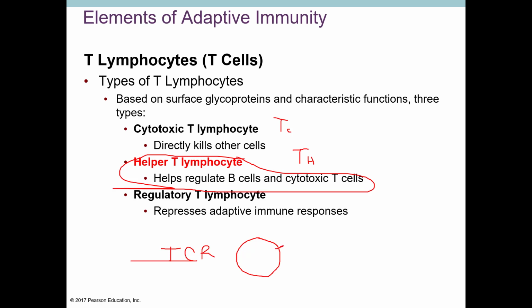So T cell receptor is a transmembrane protein that can bind to, or we say recognize, an epitope. So this would be the T cell. Let's say this is the helper T. And it has this little receptor, but there's different ones. Your body makes different ones.